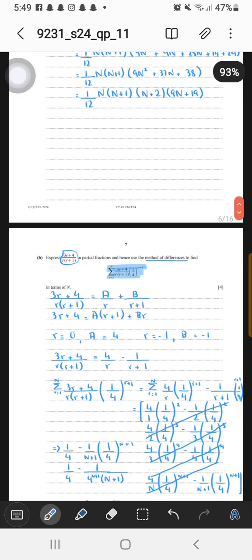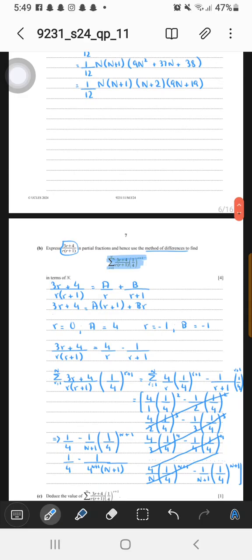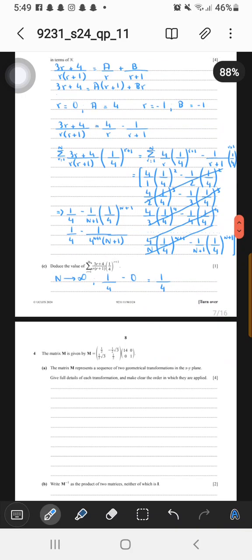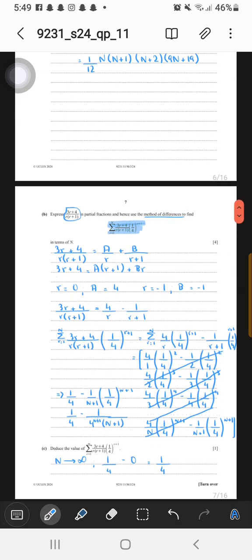Then in the next part, first we did partial fractions, then we used the method of differences, and we found our summation of the series in terms of n. Then in the last part we tended n to infinity, and we showed what the value is when n tends to infinite. Okay, so thank you for watching this video.